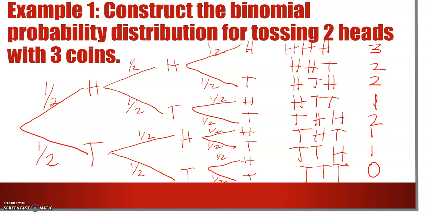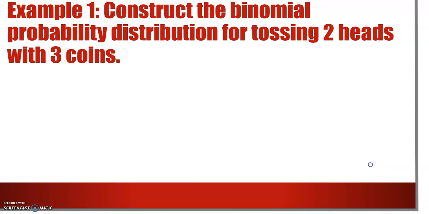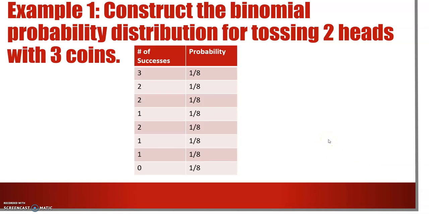I'm going to turn the slide once you have all this written down. So our number of successes, and the probability of 3 successes is 1/8. You can see that we've got 3 times that we had 2 successes, and 3 times that we had 1 success.